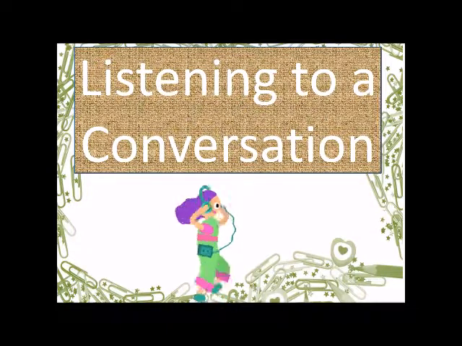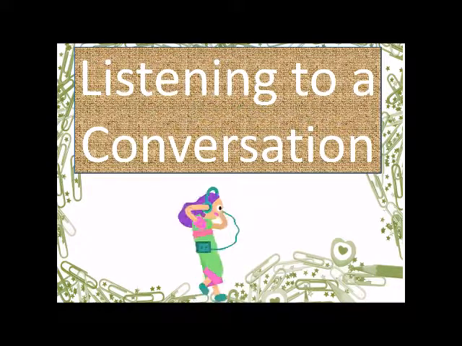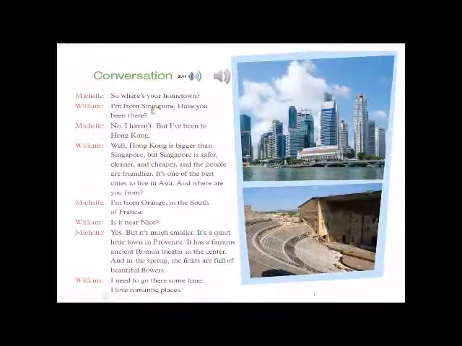So for today's lesson, we are going to listen to a conversation. Again, please get your book and read while listening. Are you ready? Okay, so let's listen to the conversation between Michelle and William.